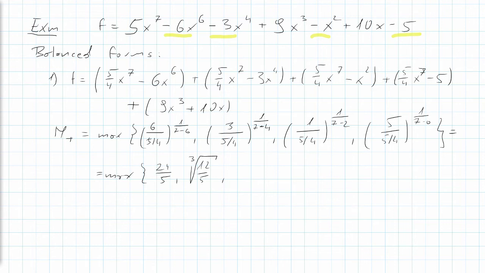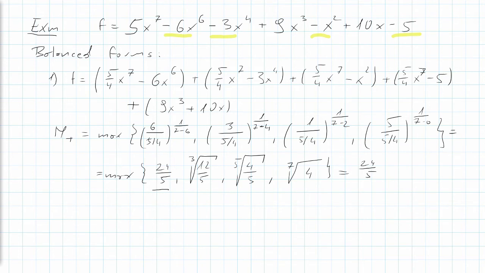Here we have 4 over 5, and it is the fifth root. And here we have 4 and the 7th root of 4. So it is quite clear where the maximum is here. So this is 24 over 5.